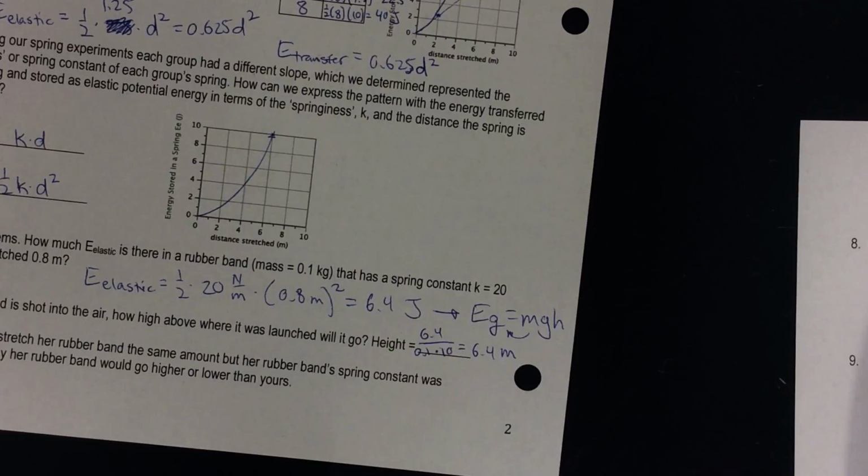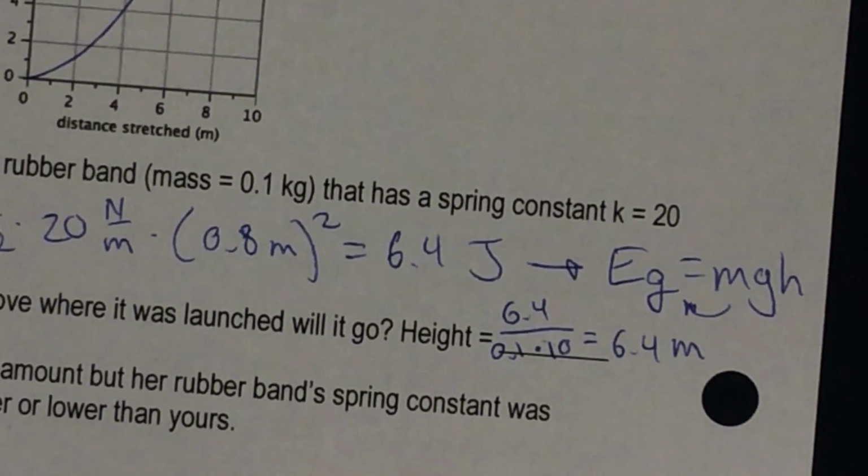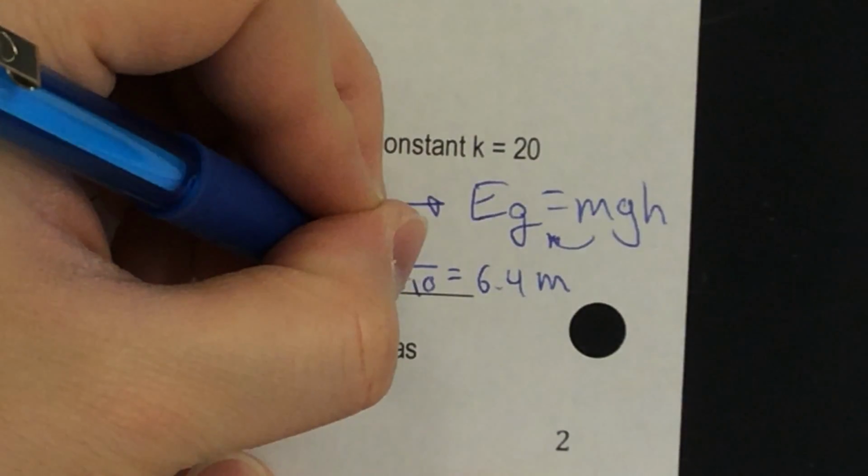Okay. But we can calculate how high it's going to go. If we can relate the spring potential energy to the gravitational potential energy, we can figure out how high things are going to go. Okay? Yeah, that's kind of hard to see. This is a 0.1.